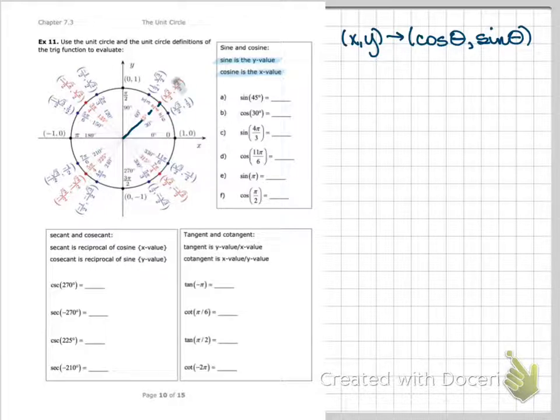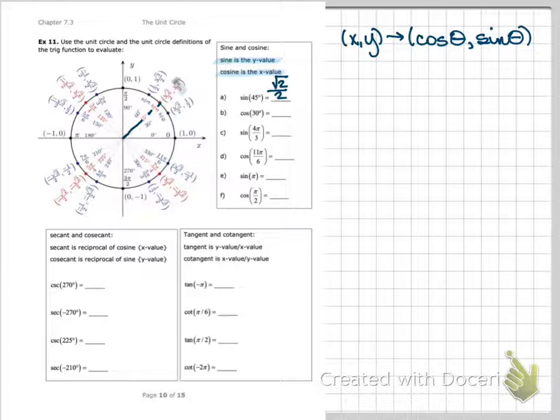So the sine of 45 is square root of 2 over 2. And notice as you look on the unit circle, everything is labeled with both degrees and radians. We will tend to use radians more than degrees as we move forward.